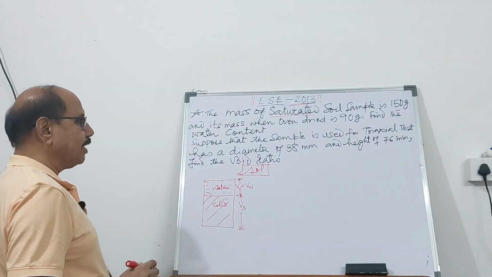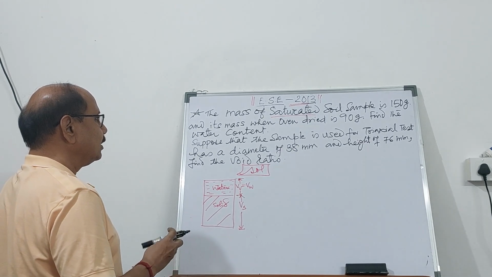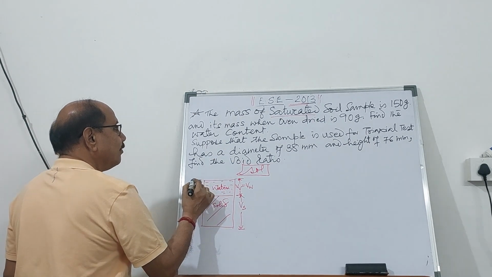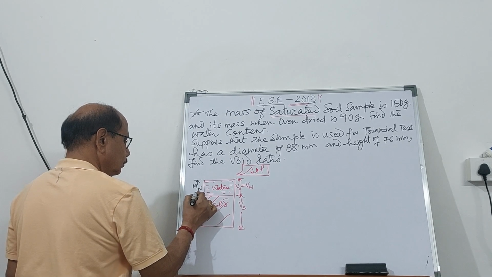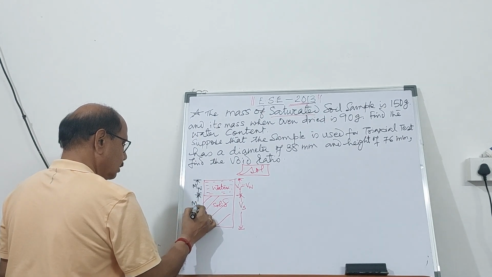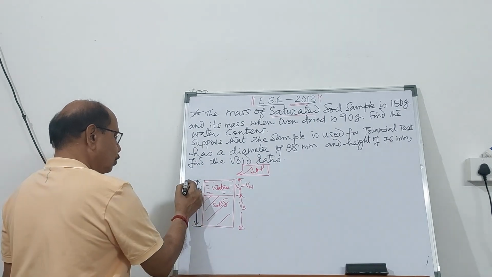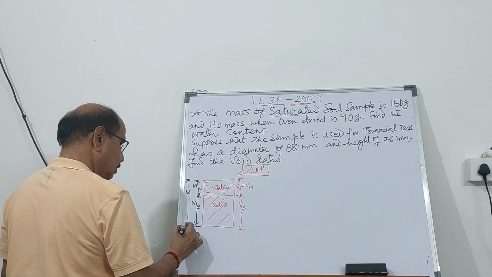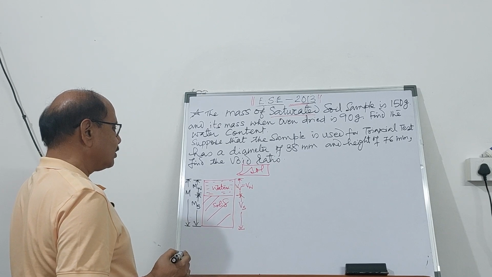So in three-phase diagram, the volume and its mass is given over here. This is the mass of water, and this is the mass of soil solids, and the total mass will be the sum of mass of water plus mass of soil solids.